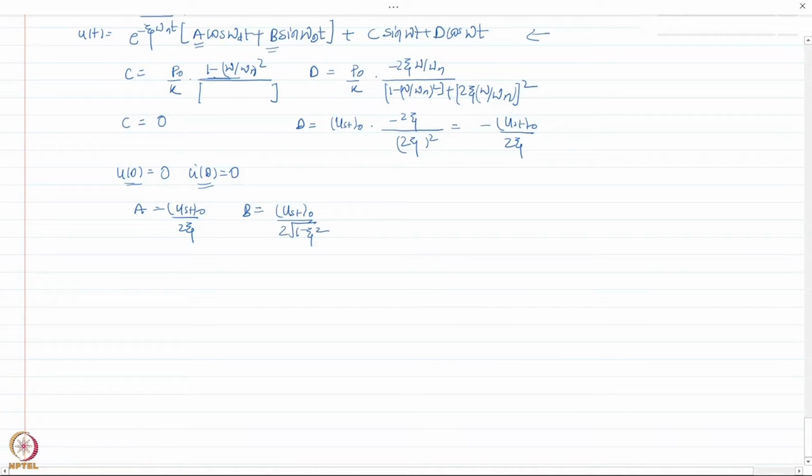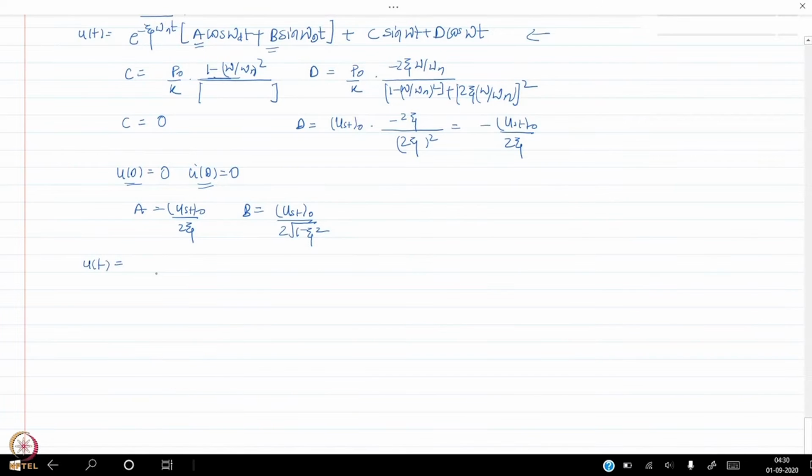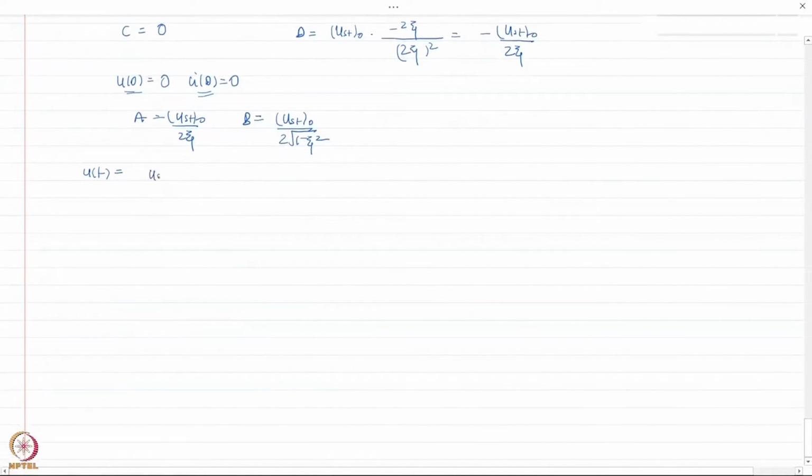You can substitute these values into the original expression to obtain u(t) as u_st0 times 1 by 2 zeta, and then I have a term here: cos omega_d t plus zeta over square root of 1 minus zeta squared times sine omega_d t.